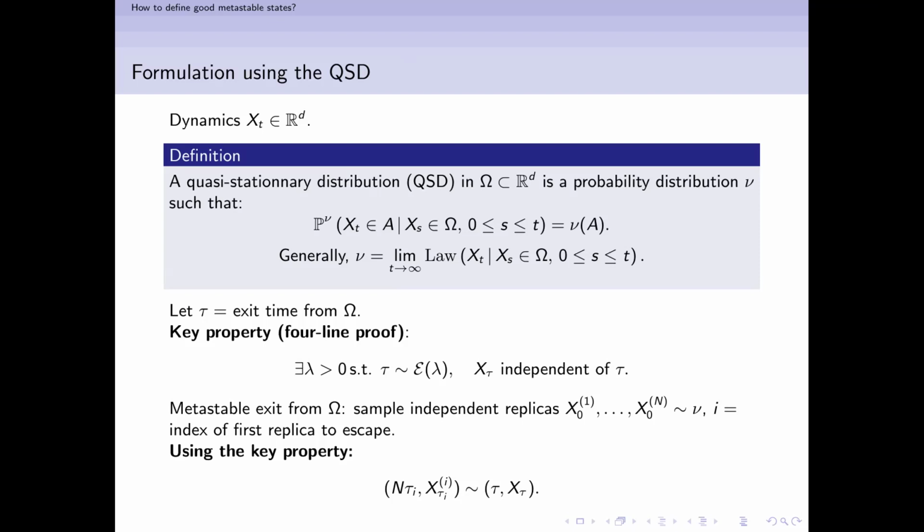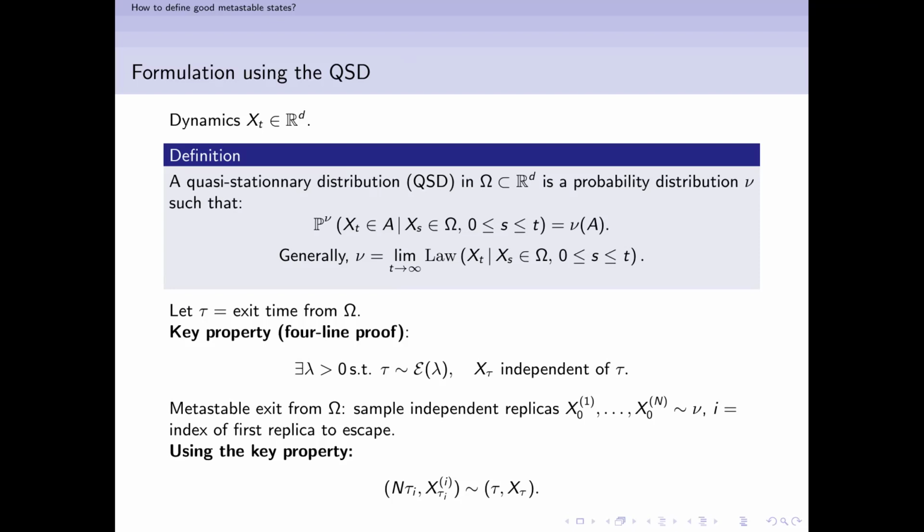If you start the dynamics distributed according to nu, the QSD, and you look at the probability that X_t is in some set A, conditionally on the trajectory not having left the state, that is, X_s is in omega for every s up to t, then you're still distributed according to the quasi-stationary distribution.